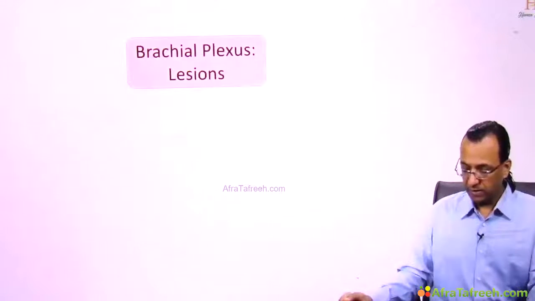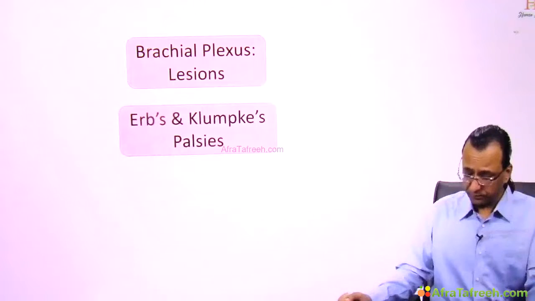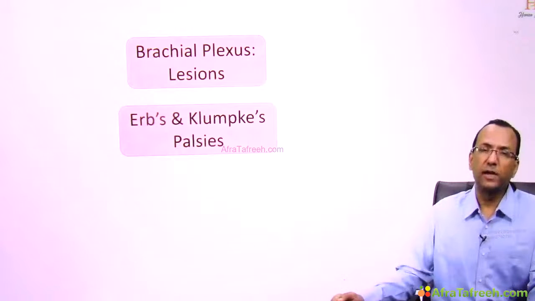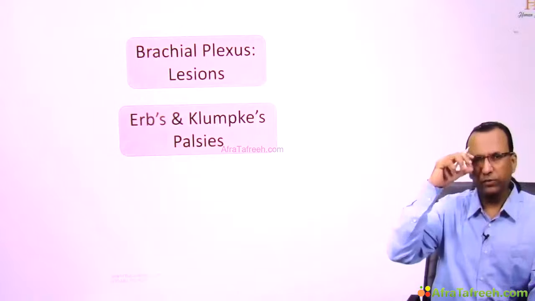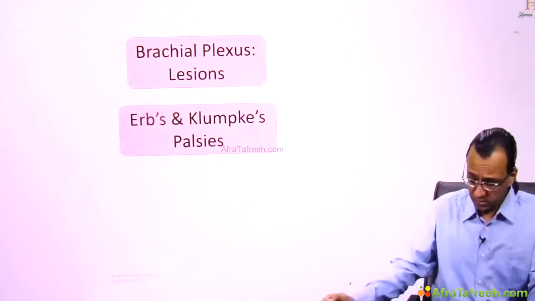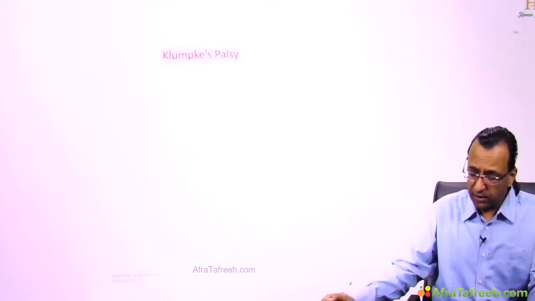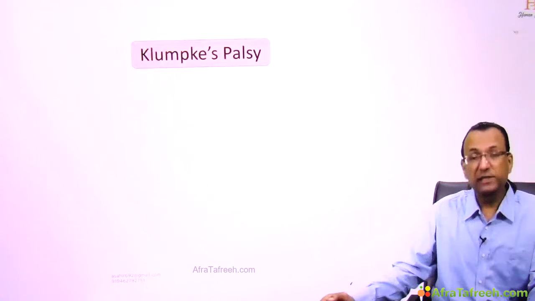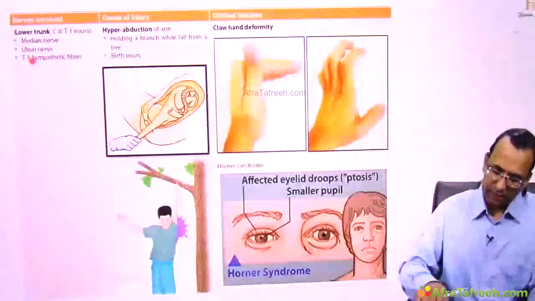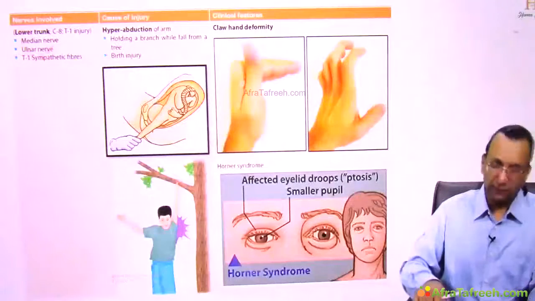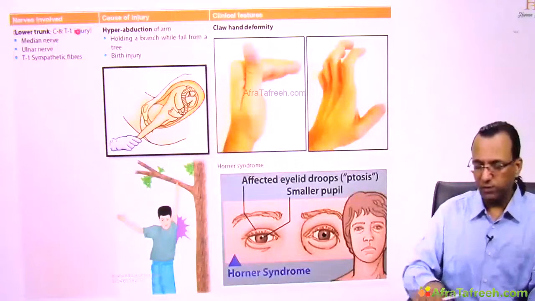Okay, fine. Then what about the clinical features of Erb's palsy and Klumpke's palsy? We have to discuss those now. As you continue with that, you will find that we are first looking at Klumpke's palsy, which is a table. In this table, we'll find that there is injury of the lower trunk and any nerve with the root value C8, T1 involved.